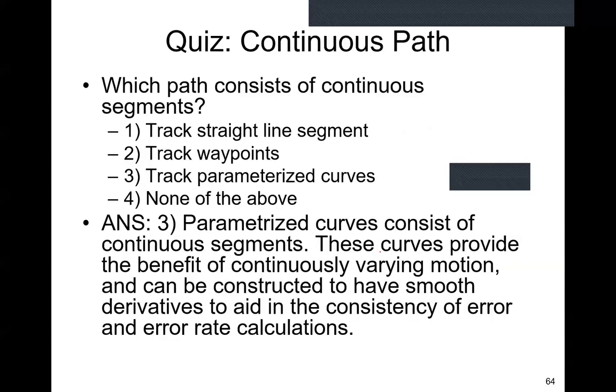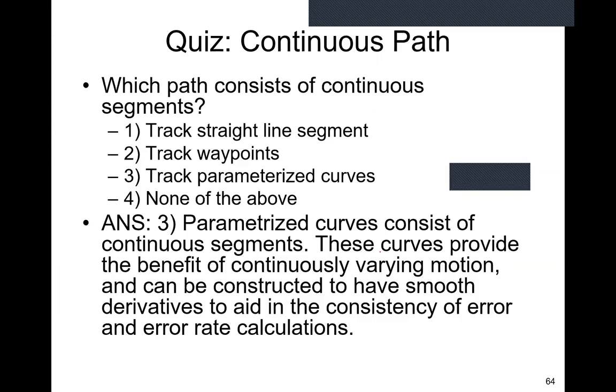Here's a quiz. Which path consists of continuous segments? One is track straight line segments. Two is track waypoints. Three is track parameterized curves. And four, none of the above. Parameterized curves consist of continuous segments.